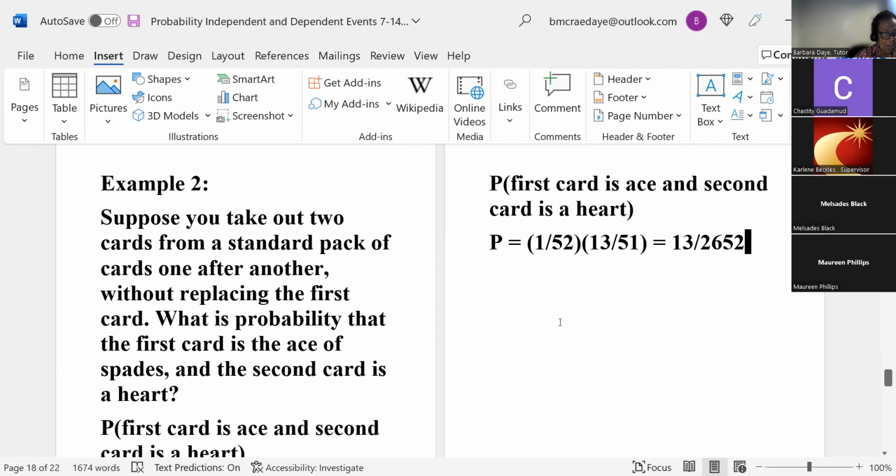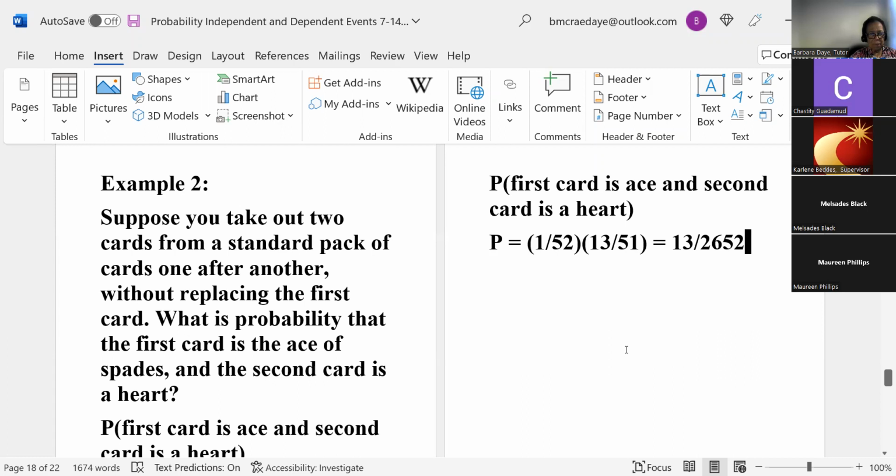A deck of cards has 4 suits: hearts, diamonds, spades, clubs. There are 13 in each suit, so there are 13 hearts in the deck. That's why 13 is the possible number. But if I took a card out, my total is now 51.